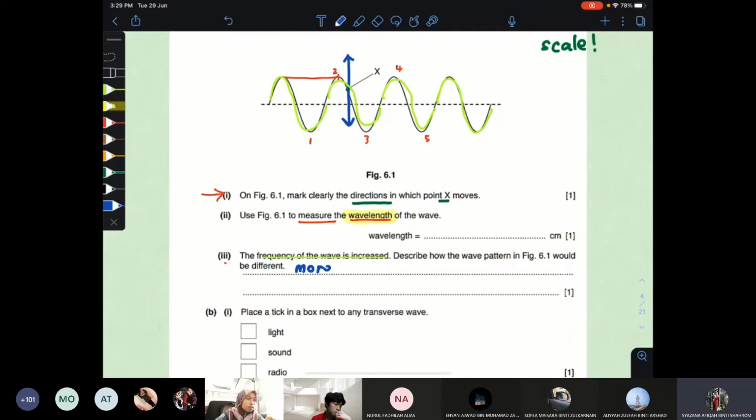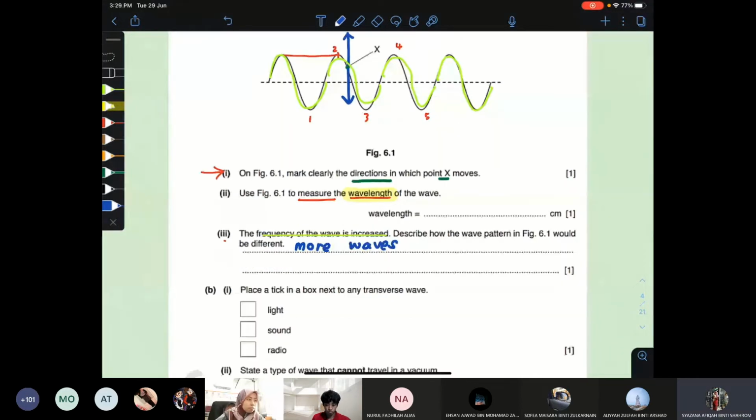Please tick in a box next to any transverse wave. So this one is knowledge. Which one is a transverse wave? We have light and radio only. Sound is not. Now state the wave that cannot travel through a vacuum.